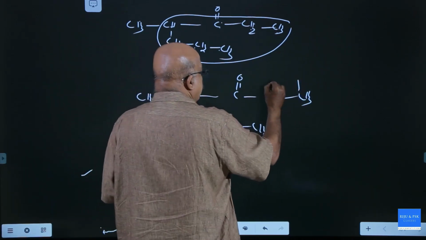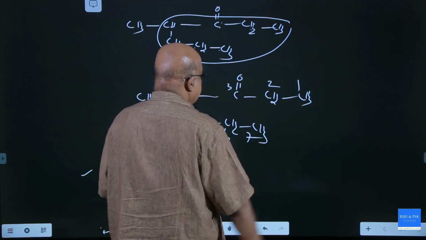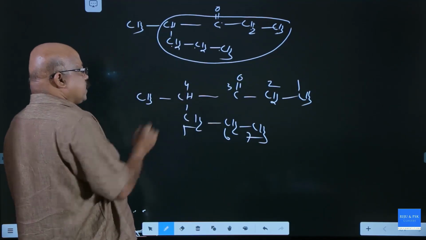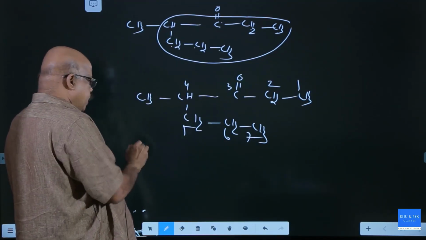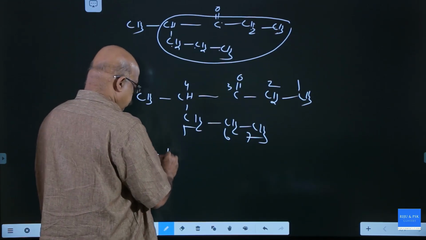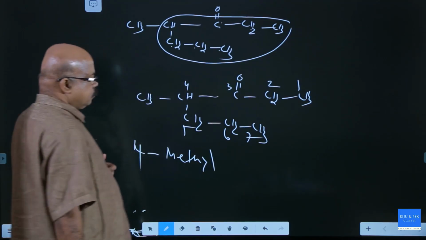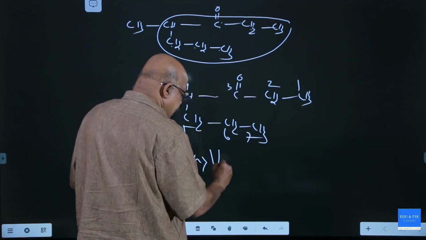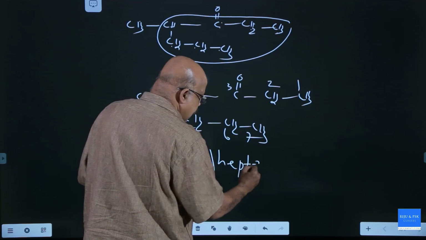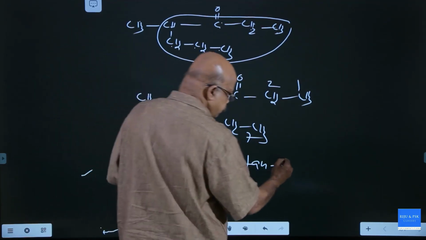The fourth carbon is holding one CH3 group. Its name is 4-methyl heptane trione.